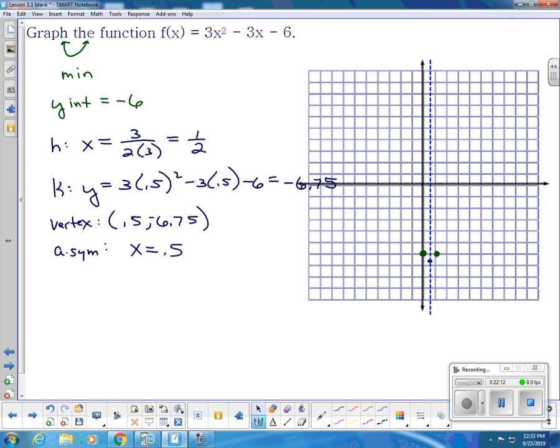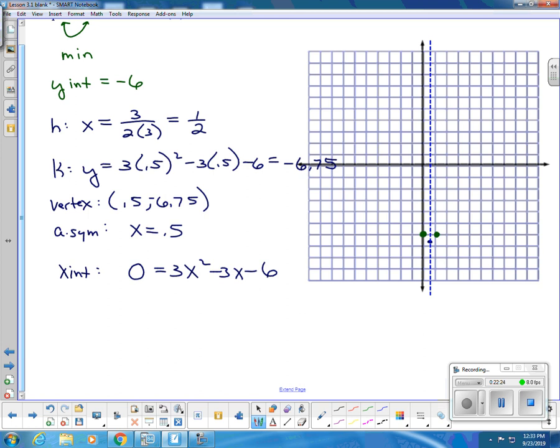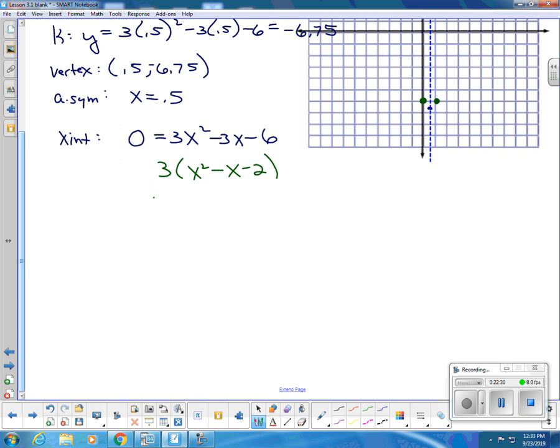Let's find the x-intercepts. So x-intercepts, we're going to set the y equal to 0. And we are going to factor, or at least try to factor. When you think of factors that multiply to 2 but subtract to a 1, 2 and 1. So my x-intercepts are 2 and -1.